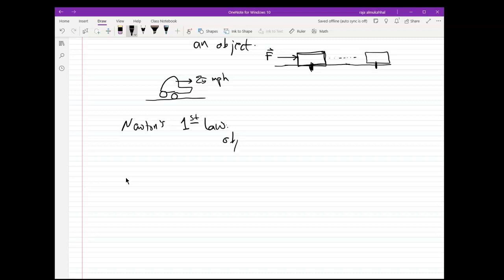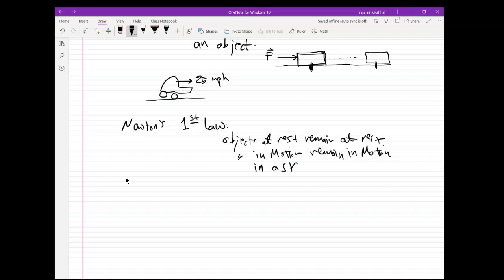Okay? So objects at rest remain in the state of rest, and objects in motion remain in motion in a straight line unless they are acted upon, or compelled, by a force to change the state of motion.